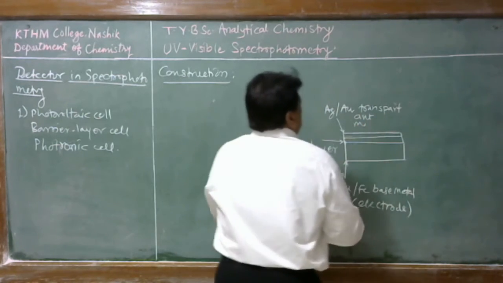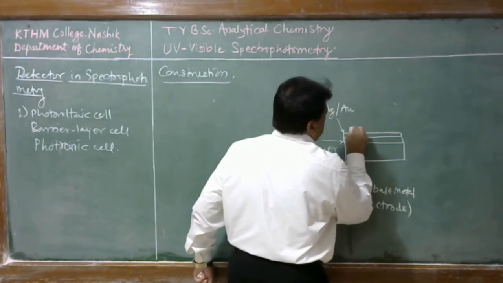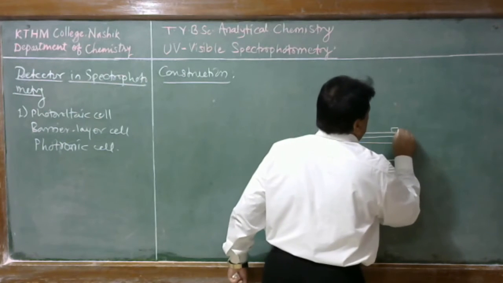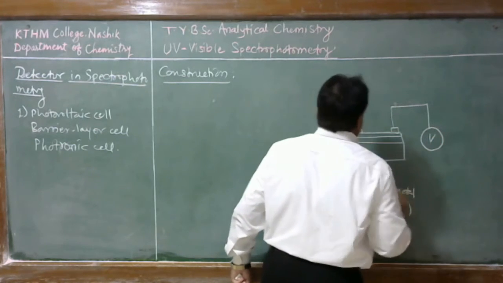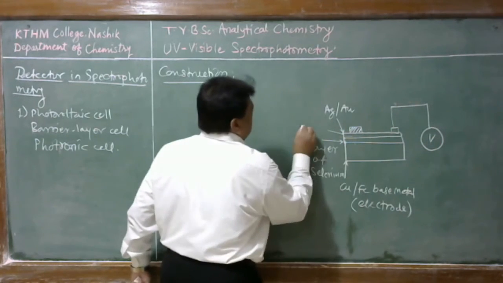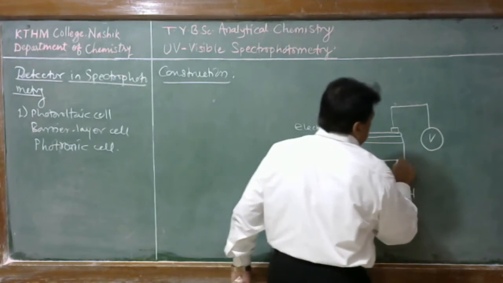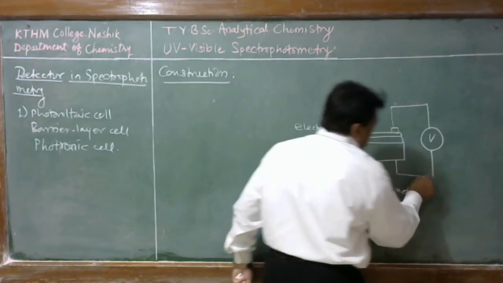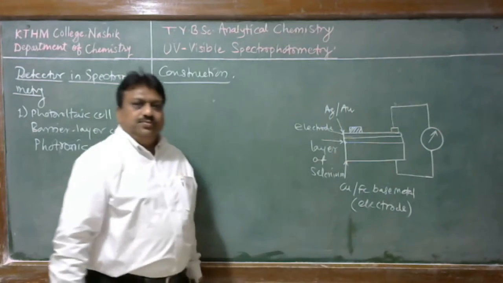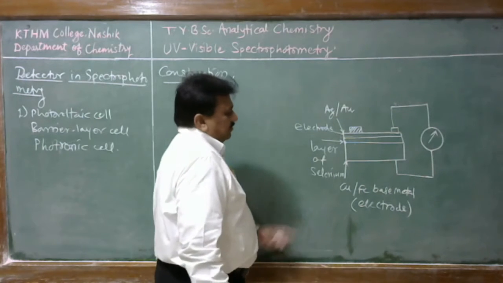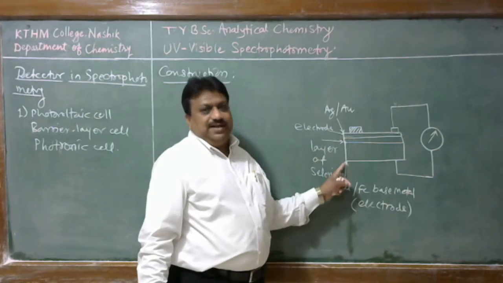This metal plate is transparent and here there is a collecting ring. These two plates, that is silver electrode, that is one electrode, and iron or copper electrode is the other electrode. These two electrodes are coupled by means of a galvanometer, not a voltmeter. Therefore, this is the construction of a photonic cell or photovoltaic cell or barrier layer cell.